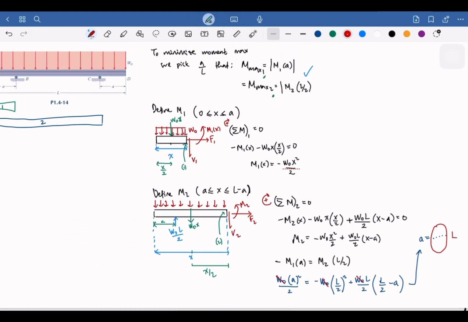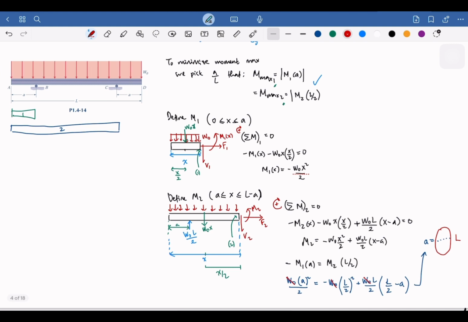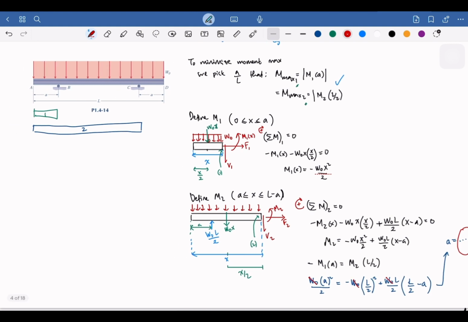I think later on we are going to see this part of the problem, and then we are going to take the loads. So this is going to be the loads, right? And we are going to take these loads and write as the V, as the shear, and then we could write as the moment.